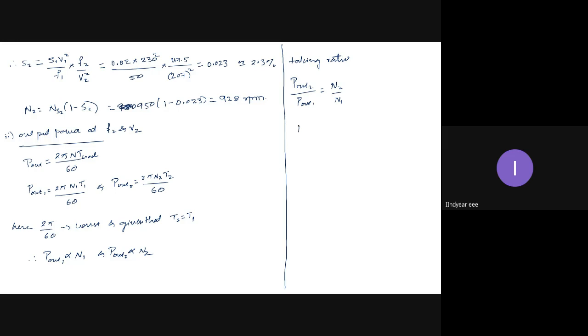Or P out 2 is equals to 15K multiplied by 928 divided by 980. It is 14.204 kilowatt.